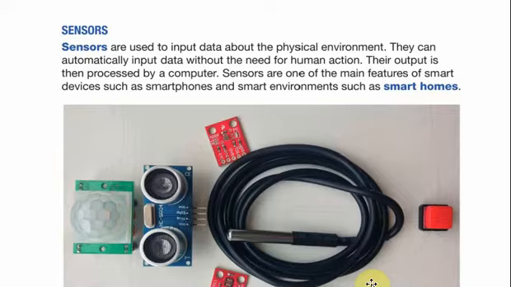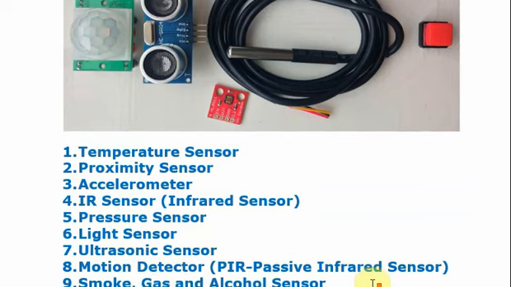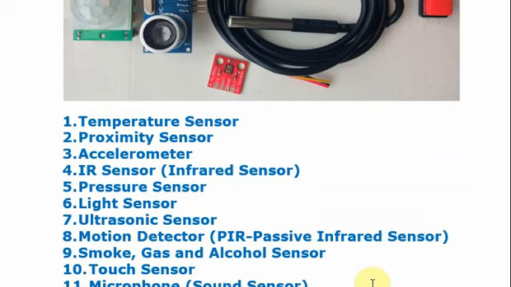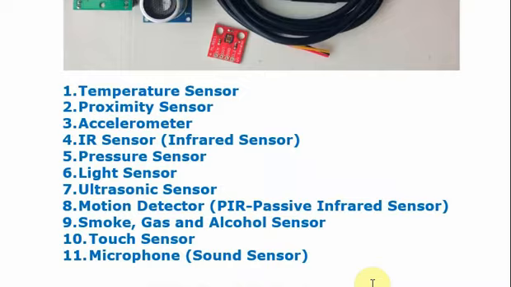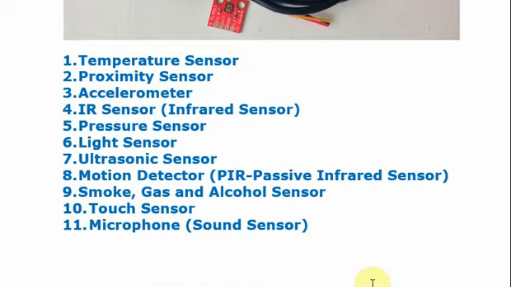Sensors actually take physical environment inputs, which are converted to digital signals and fed to a computer or any other embedded system we use. There are plenty of sensors: temperature, proximity, accelerometer, IR sensor, pressure sensor, light sensor, motion detector, smoke, gas, alcohol sensor, touch sensor.